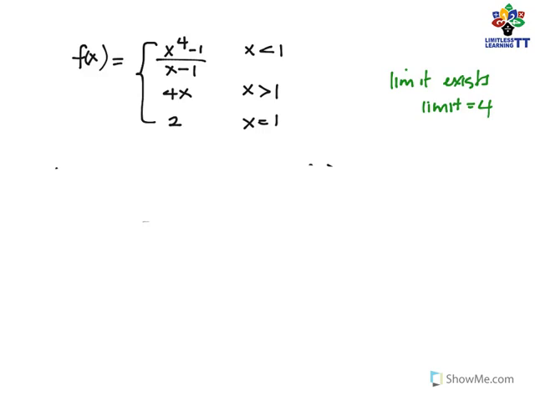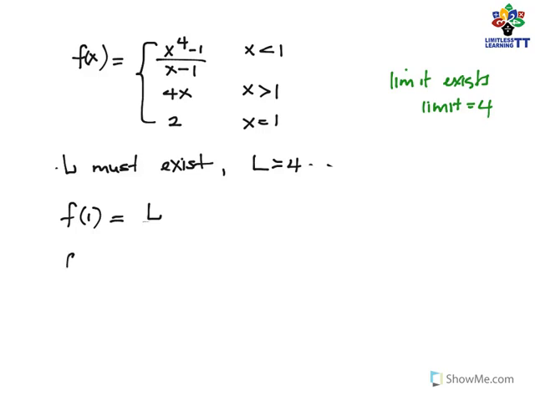So what I'm saying is, in order for it to be continuous, my limit L has to exist, which I know does exist because my limit from the part before is equal to 4. And then also f of 1 has to be equal to my limit L.